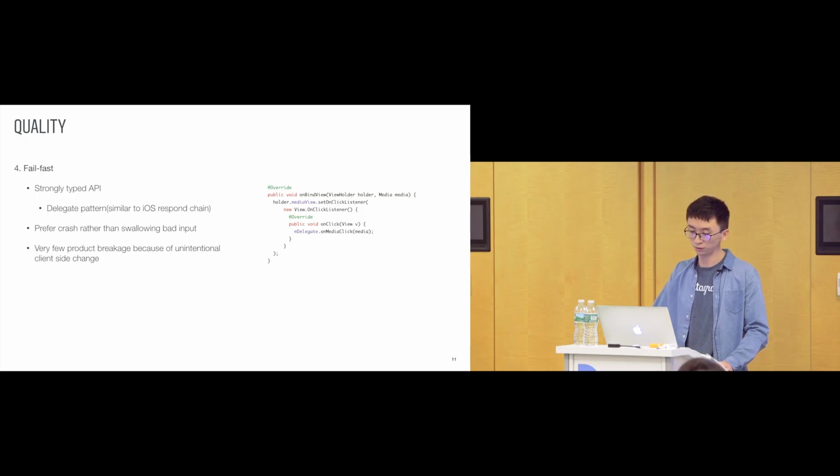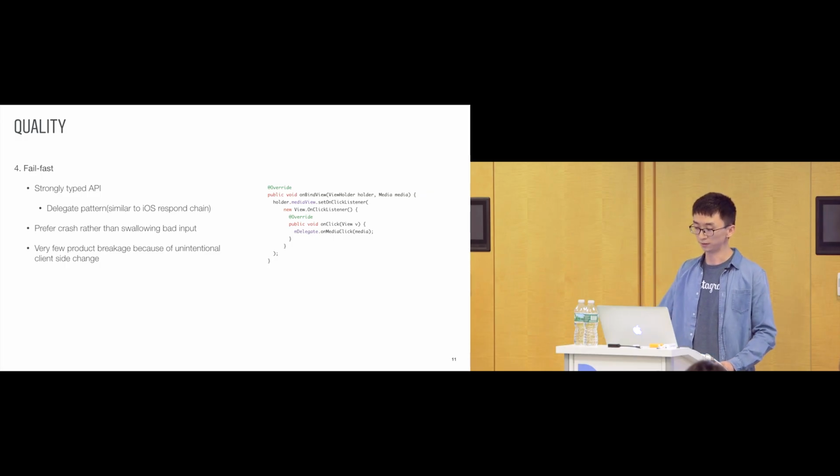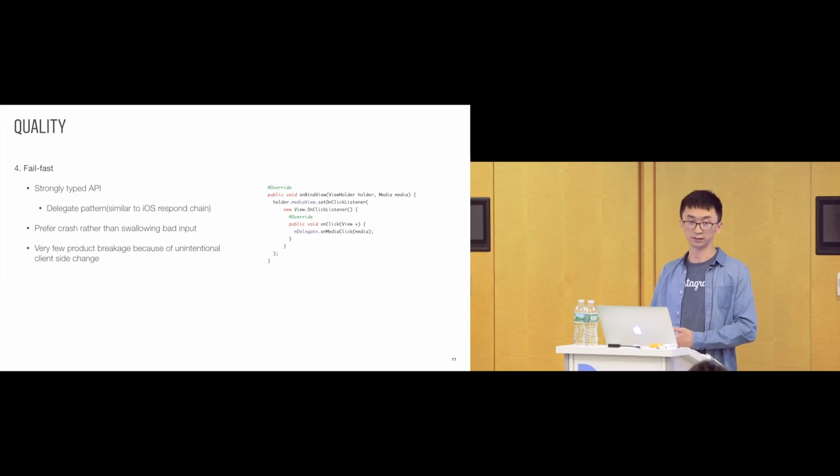It's very similar to the iOS responder chain pattern. From the example here, you can see that when we bind a model class to a view, we also provide a delegated class where we can dispatch the callback. For instance, here we bind a media object to a media view, and whenever this media view is clicked, we want to dispatch the callback to something. And here we have a delegated class for it.